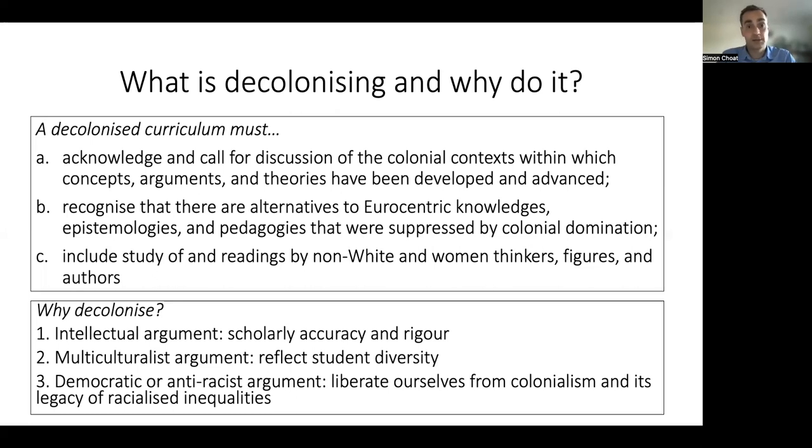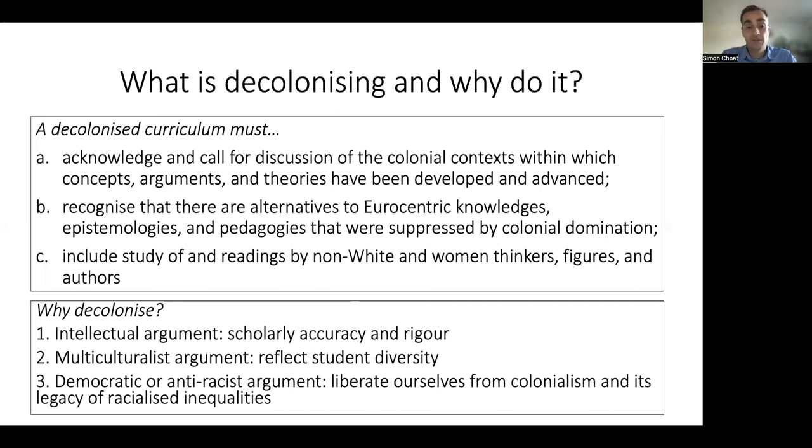And this argument is obviously especially pertinent to politics, because politics is explicitly about the study of power relations. And it's difficult to claim that colonialism, which is arguably the major power relation that structures the world over the past 500 years, should for some reason be excluded from the study of politics.